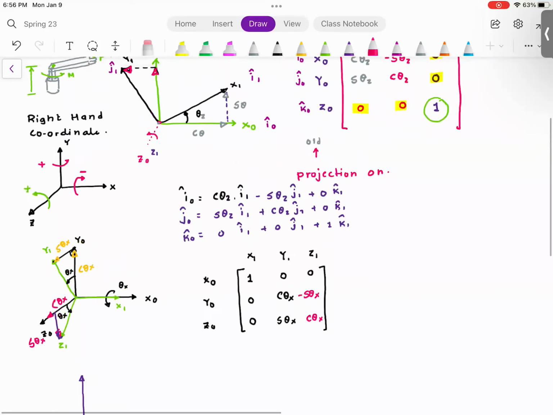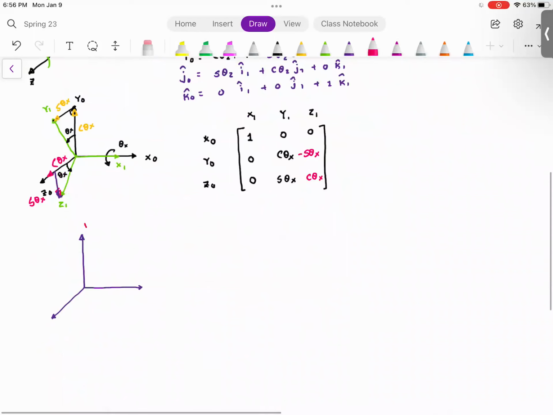And then I would do the rest. This is my y naught, x naught, z naught, and the rotation about y naught is theta y, which means my y1 is going to be like this, and then the rotation will be like this.